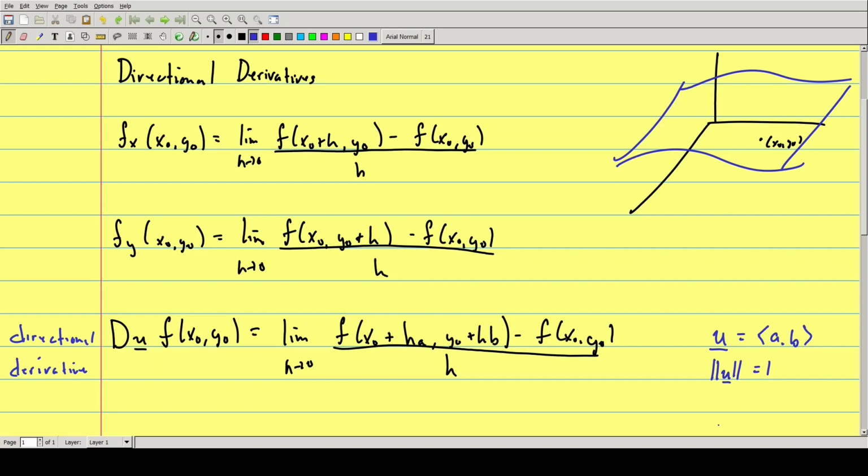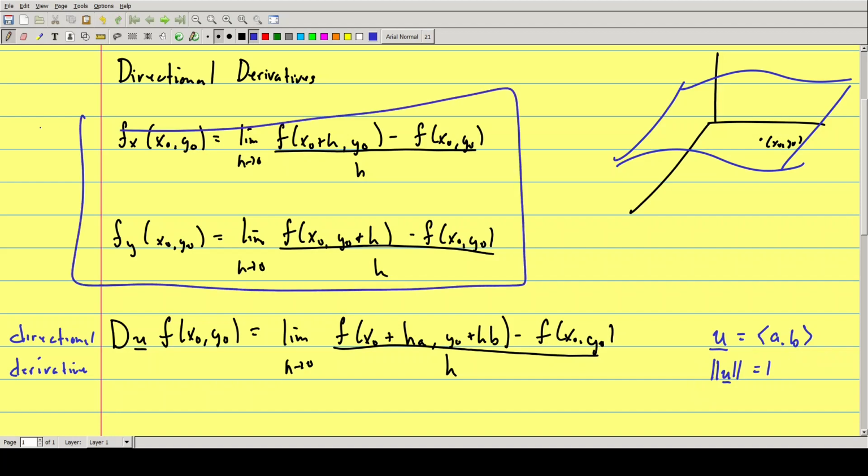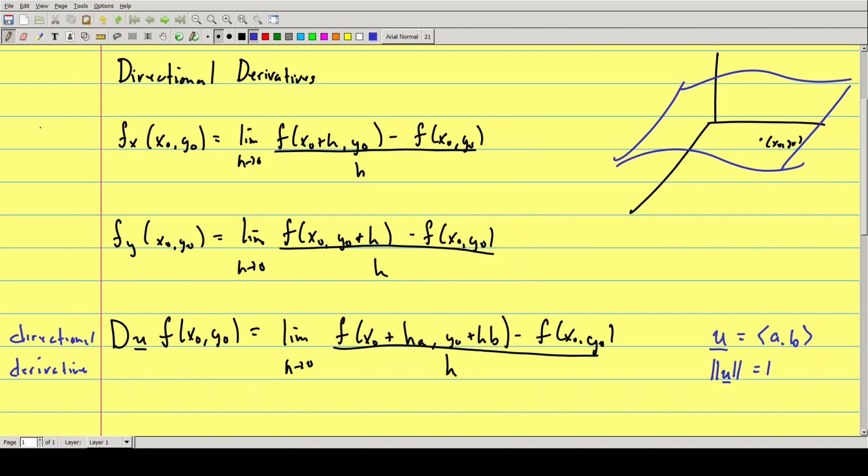Something else to point out here is that the directional derivative has the requirement that the norm of our direction vector be 1, just for simplicity's sake. And both of these fall under the category of directional derivatives. They satisfy this definition because my direction vector here is (1, 0), and my direction vector here is (0, 1).